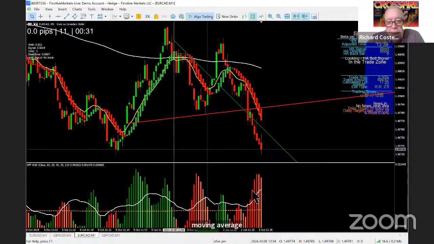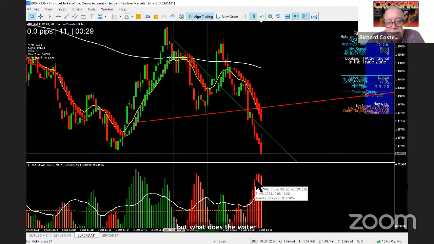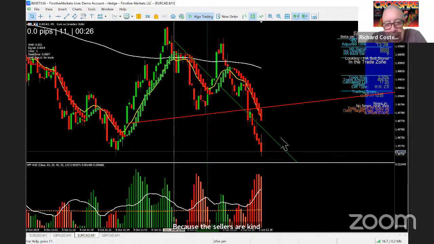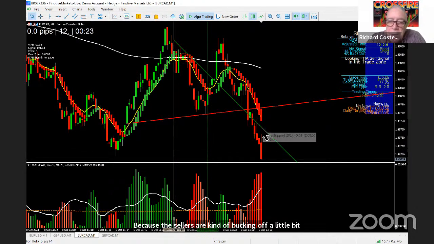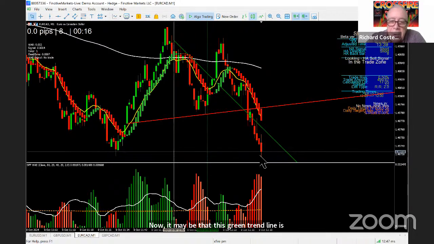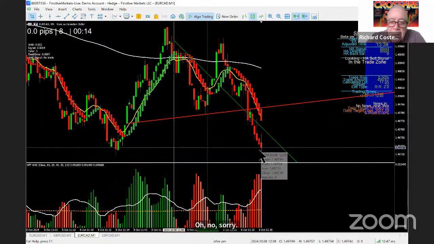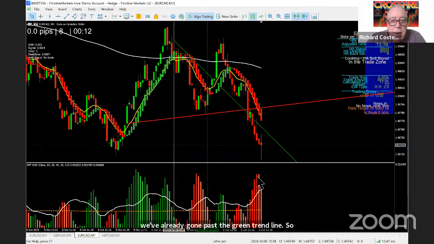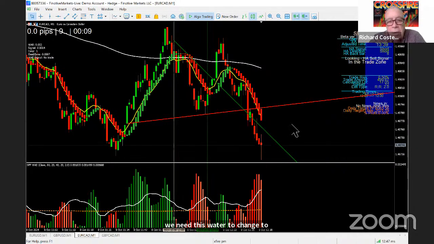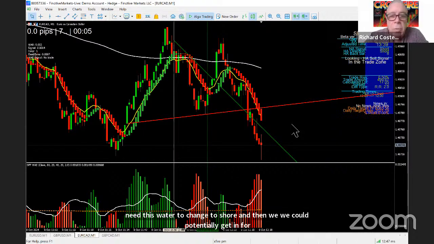It says keep out because the sellers are backing off a little bit. Now it may be that this green trend line is giving us, oh no, sorry, we've already gone past the green trend line. So we just need to be certain. We need this WAE to change to short, and then under my rules, I could get in for a sell.